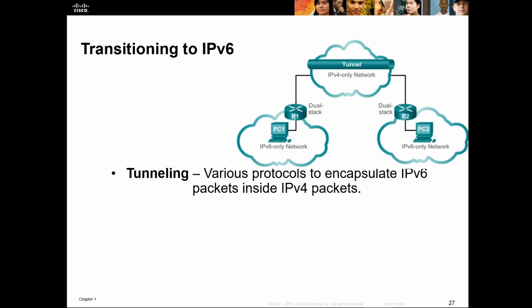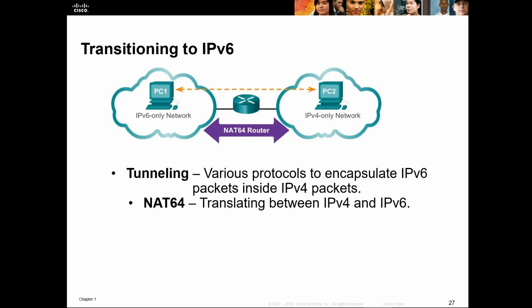There's also tunneling, which is various protocols to encapsulate IPv6 packets inside of an IPv4 packet network. That way, we can take an IPv6 frame, which is larger, and we can segment it so that we can send it through an IPv4-only tunnel.